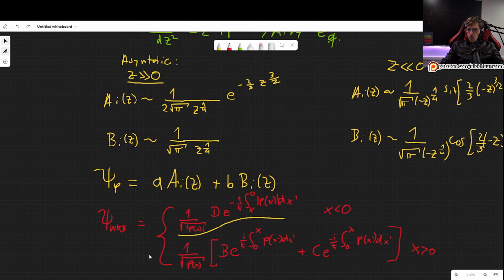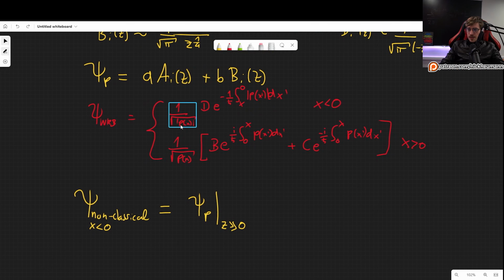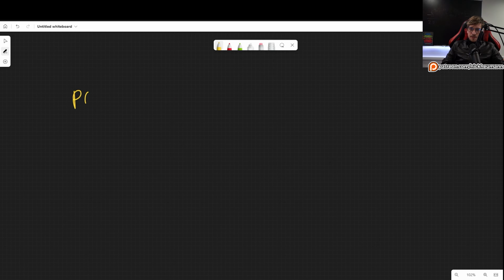However, we haven't really calculated the momentum, its integral, or the absolute value of the momentum. So let's take a moment to calculate everything we need related to that. Let's begin by calculating the momentum, and we will take the absolute value later. This is the square root of 2m times (E minus V).